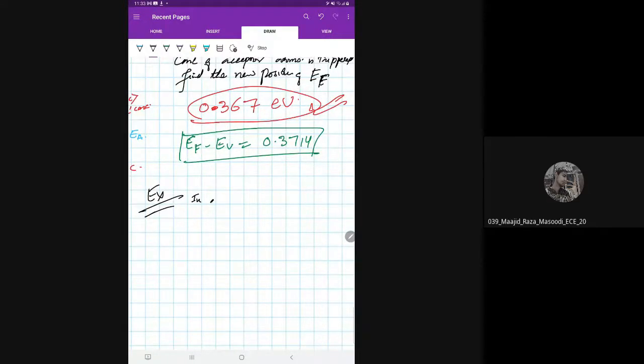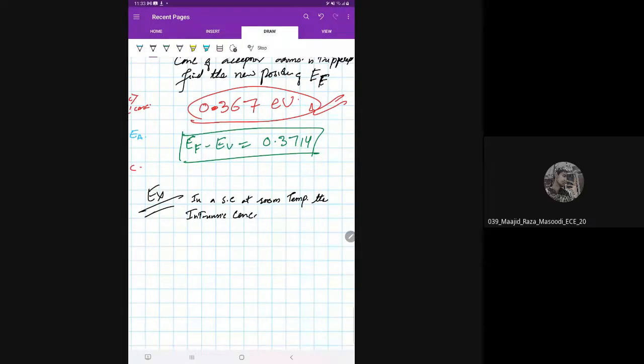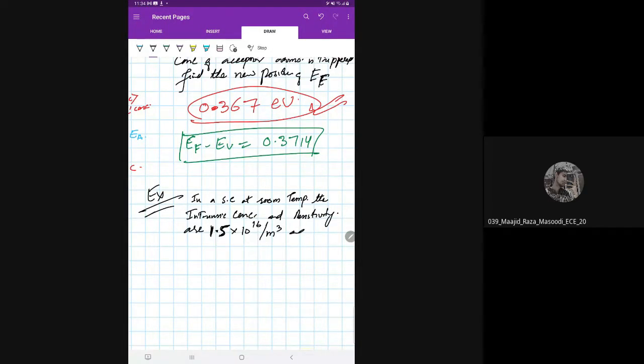In a semiconductor at room temperature, the intrinsic carrier concentration and resistivity are 1.5 into 10 to the power 16 per meter cube, and 2 into 10 to the power 13 ohm meter, respectively.